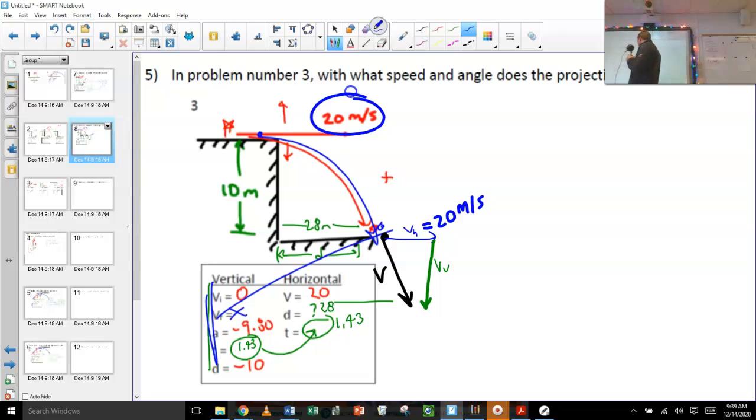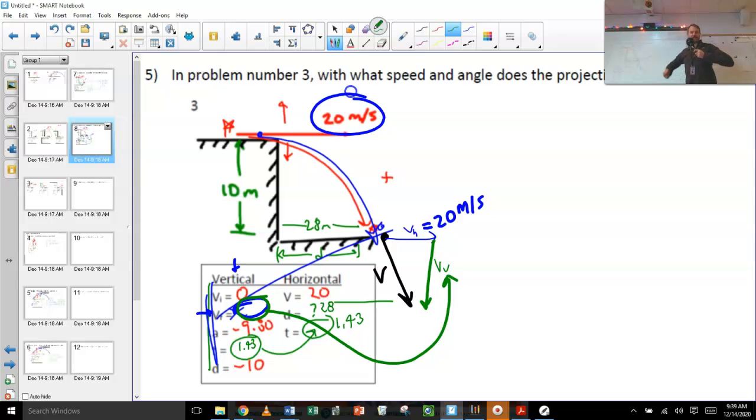Vertically, I'm going to find the vertical final velocity. Once I find that, I can use the Pythagorean theorem to find my velocity v, and then inverse tangent to find the angle that it hits.